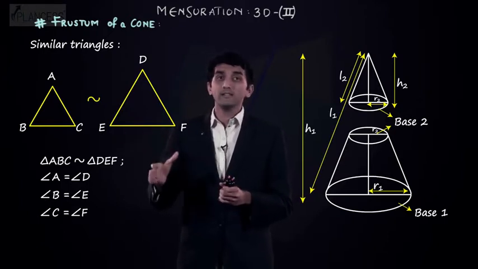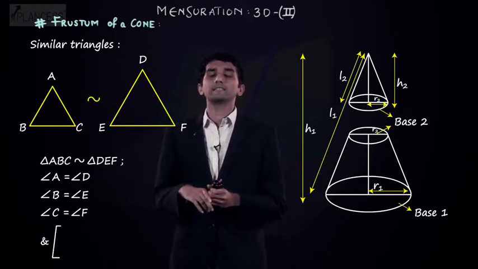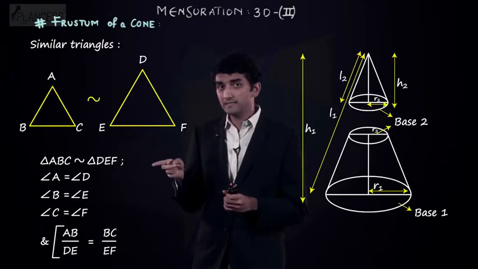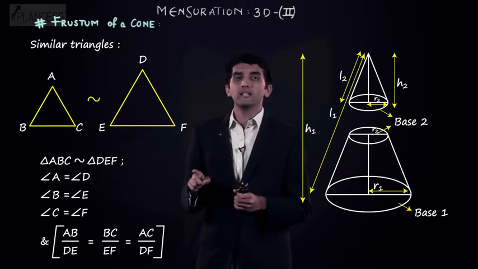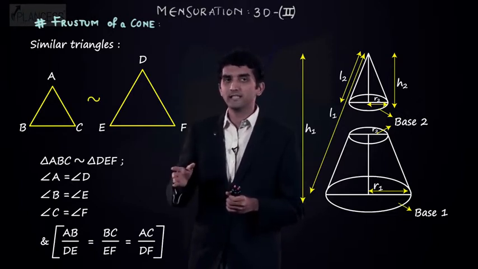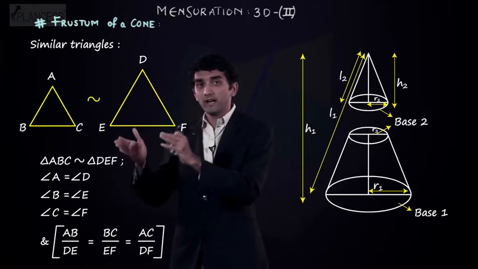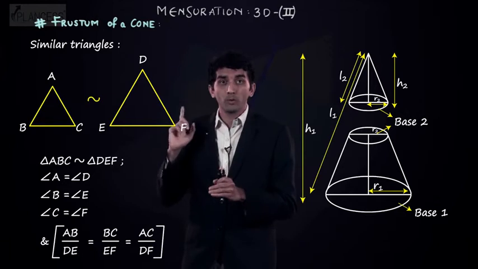And when these two triangles are similar, then I can say that AB upon DE is equal to BC upon EF and is equal to AC upon DF. So basically what it means is the sides from one triangle to the other are not equal, but they are proportional to each other.